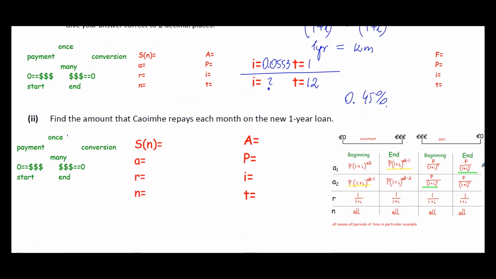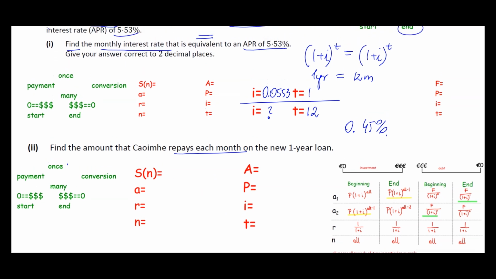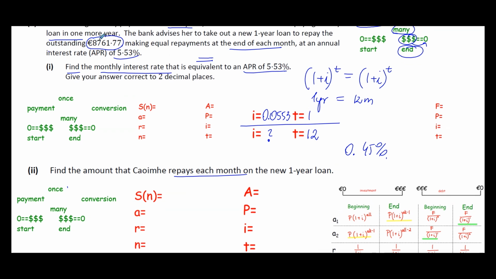And then in part 2, we have to find the money she repays each month. So again, let's identify those items that would go in the Sn formula or the amortization formula. The loan, 8,761, is my sum, the sum of all those repayments.